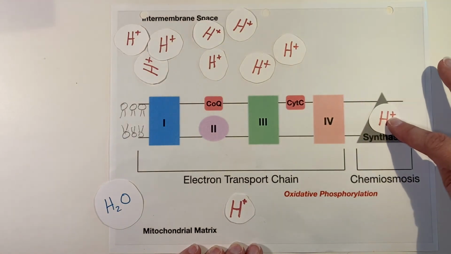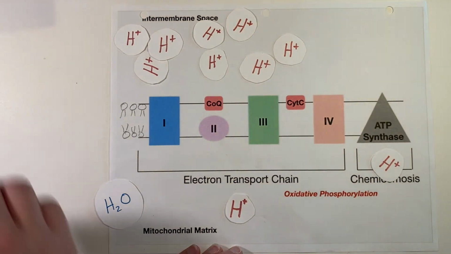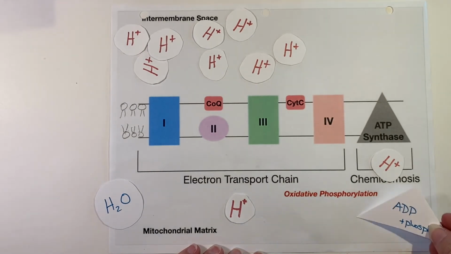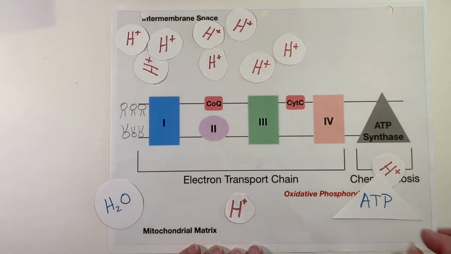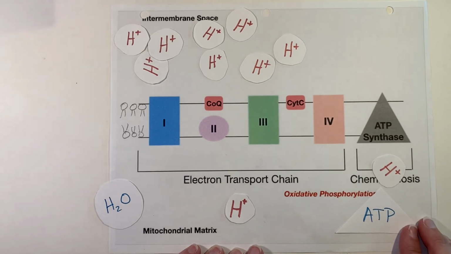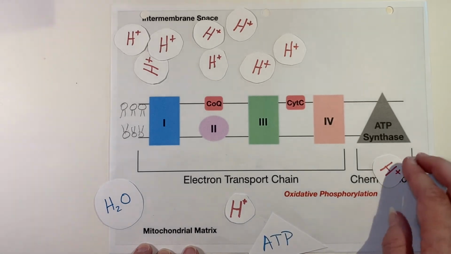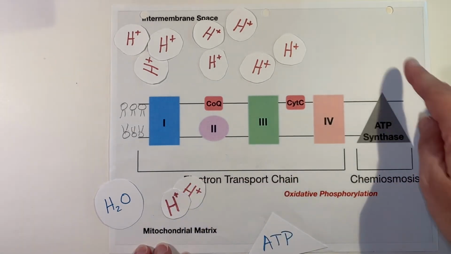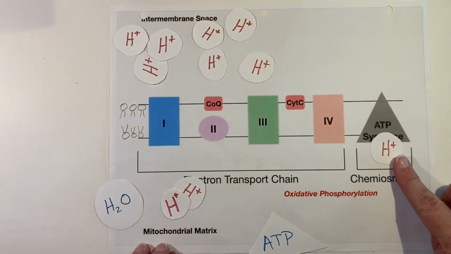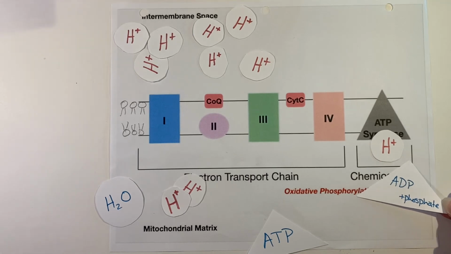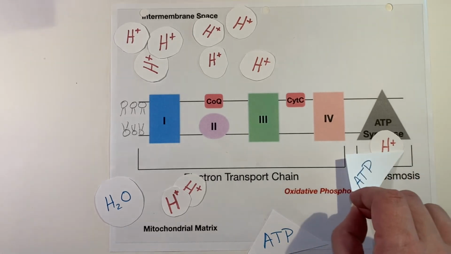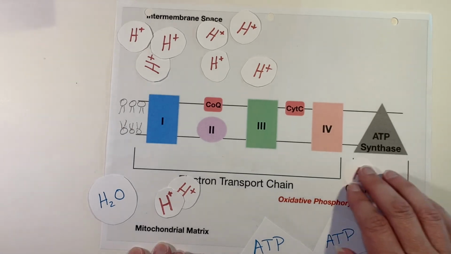And as these hydrogens go through, it has the energy to then stamp this phosphate onto this ADP, taking it from adenosine diphosphate to adenosine triphosphate, which is, as you remember, the primary purpose of cellular respiration. And so as these hydrogens come back home through this ATP synthase, they crank this mechanical thing and slam this phosphate back on the ADP to make ATP.